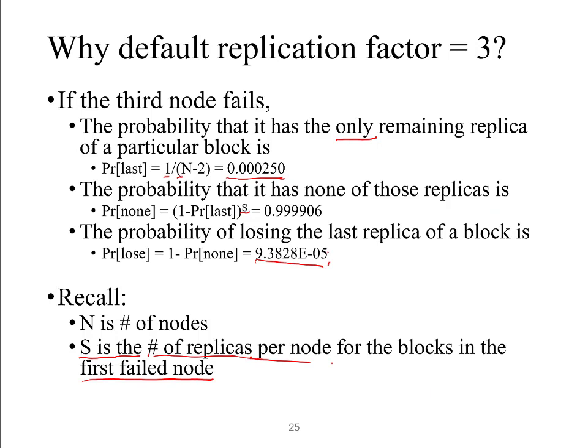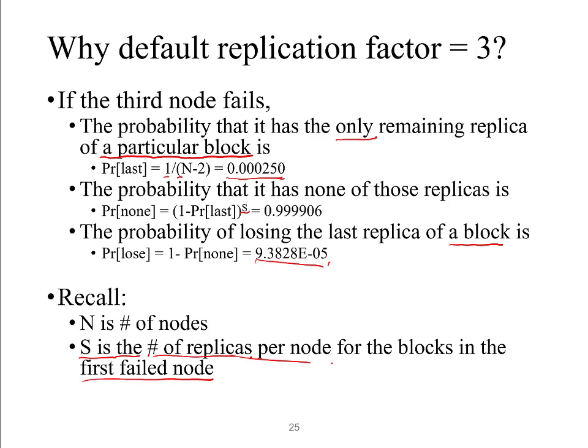Here maybe there is a little bit of confusion, so I want to point out that in the first probability, we're talking about a particular block, and here it is a block, which means a general block. So the idea is we first consider a particular block, where the 3 replicas have 2 of them on those 2 dead nodes.